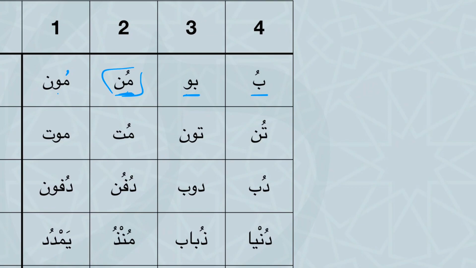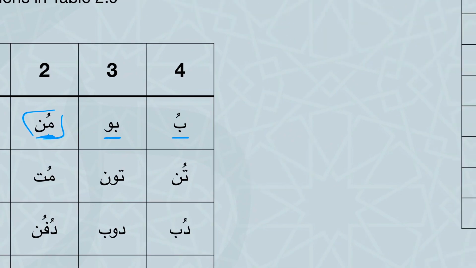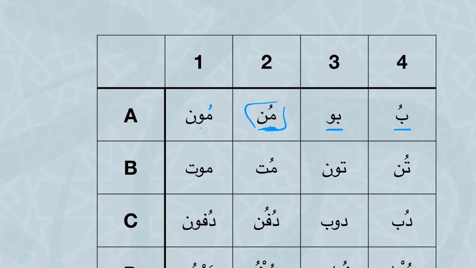Another word, if we're going to use this in a real life example, is the word mahbub. Mahbub means he who is loved or something that is loved. If I put the vowels, it's mah, boob. So there's a dhamma here, and this waw is a long vowel. Of course, the ha letter will come later.